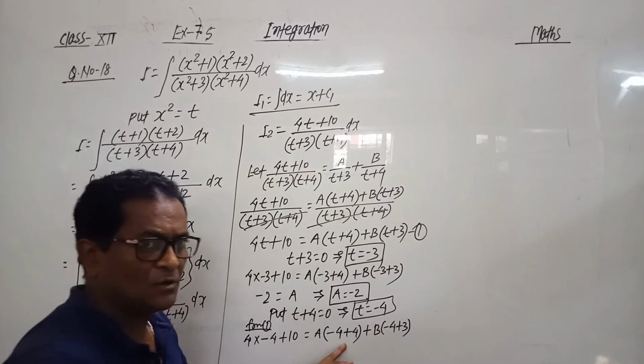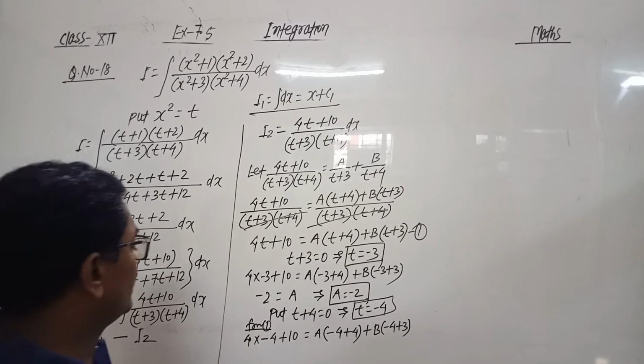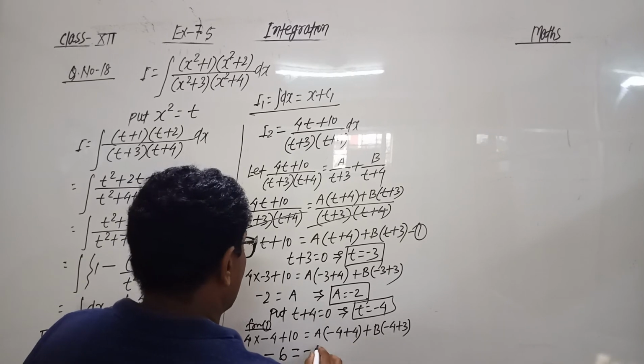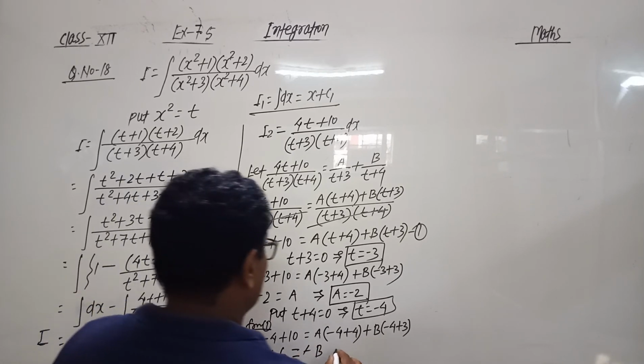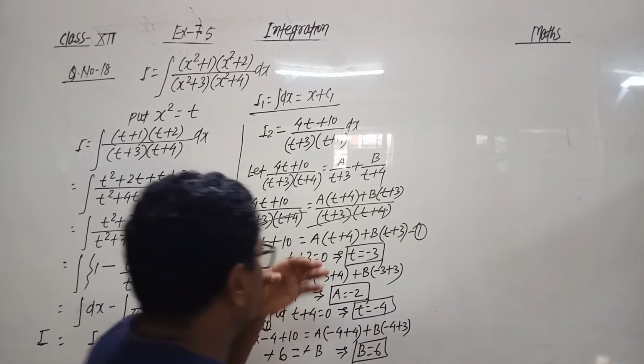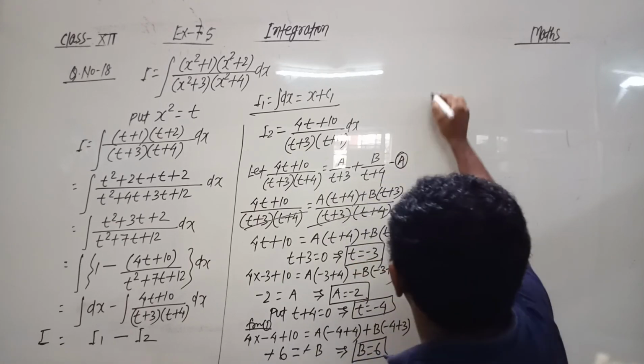This term becomes 0, minus 4 plus 4 is 0. And minus 16 plus 10 is minus 6 equals minus B. Then we get the value of B. B equals 6.